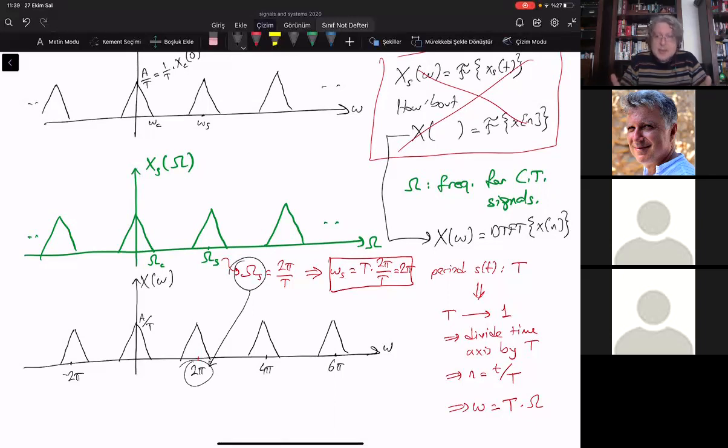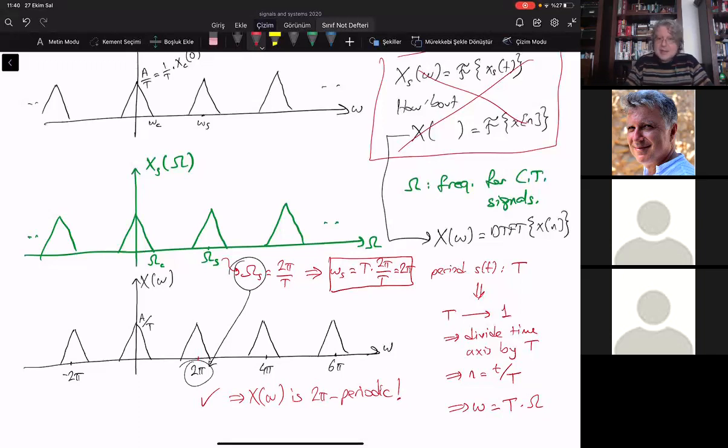We know that the discrete time Fourier transform is a 2 pi periodic shape, and then at 2 pi it repeats, at 4 pi it repeats, etc. And then look at that. Of course it is. X of omega is 2 pi periodic. So we did it, we made it.